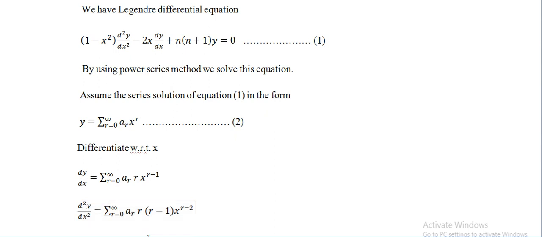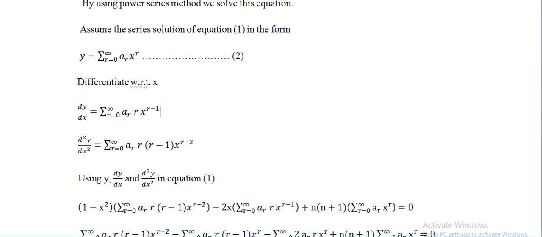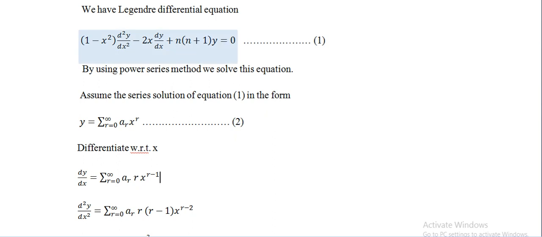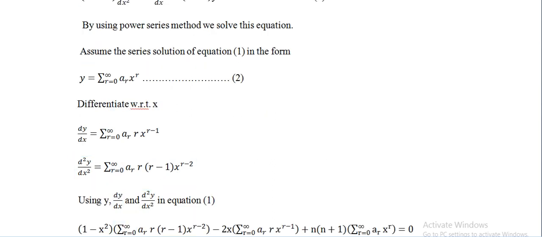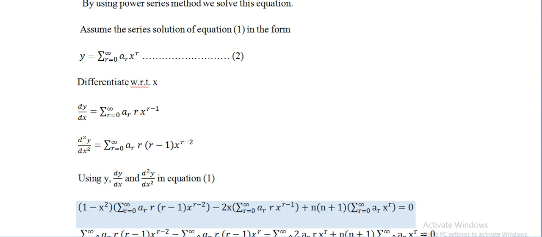Now we substitute y, dy by dx and d squared y by dx squared in equation number 1. So equation 1 is (1 minus x squared) into summation of r(r minus 1) a_r x raised to r minus 2.